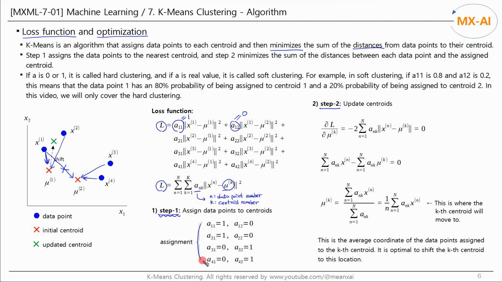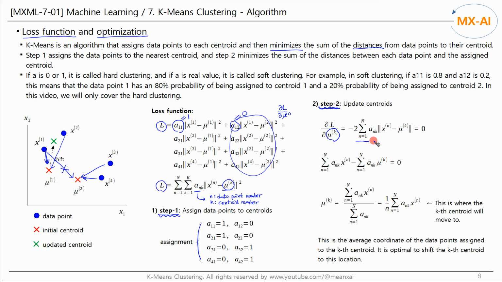Step 2 finds the coordinates mu of the centroids that minimize the loss function. Differentiating the loss function with respect to mu k is as follows. When we differentiate it with respect to mu1, all of this part, including mu2, becomes 0. So we only need to use the first sigma symbol.